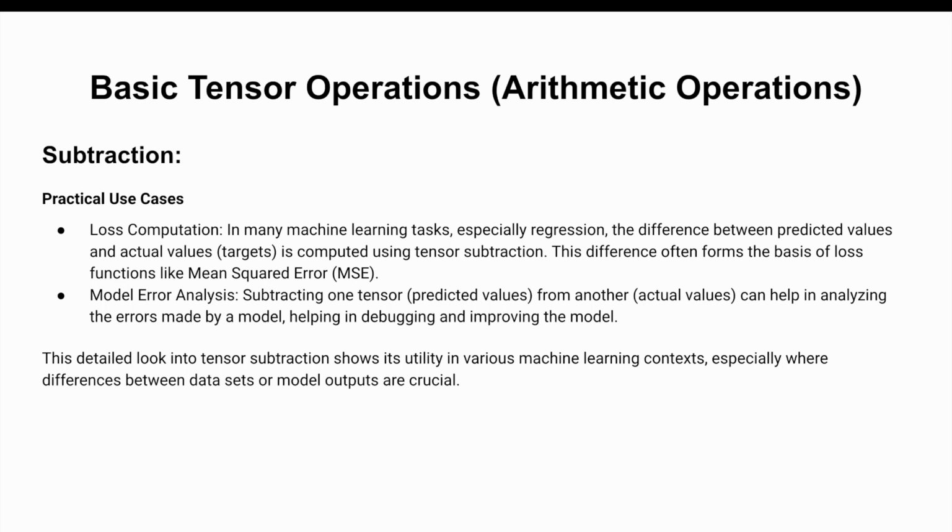And also for model error analysis, subtracting one tensor, predicted values, from another, actual values, can help in analyzing the errors made by a model, helping in debugging and also improving the model.